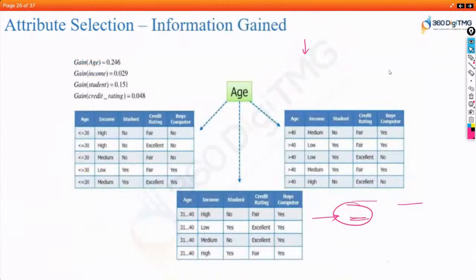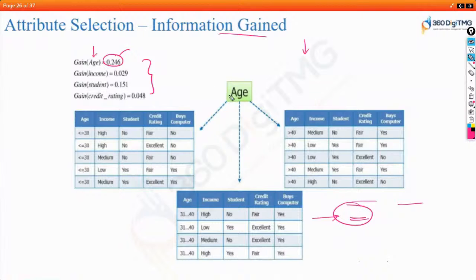So we will have to calculate this value for all the attributes. And among all these attributes, age is giving us the maximum information gain.